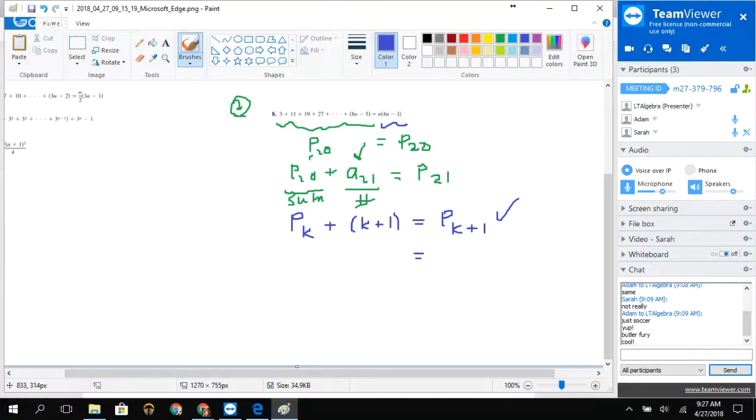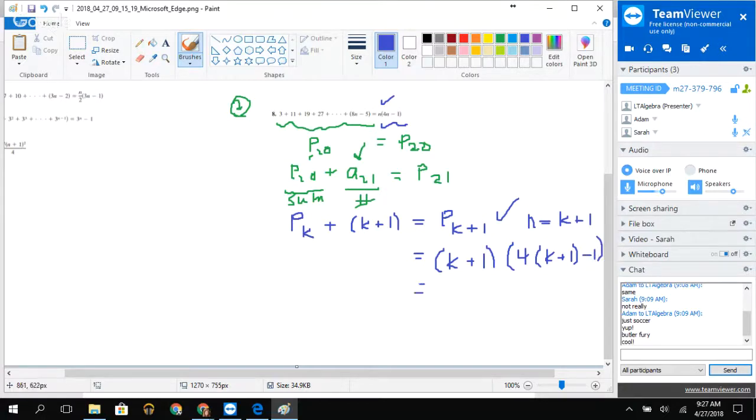So in place of n, I'm going to put in there k plus 1. So I have k plus 1 instead of n right here times 4 times k plus 1, again where my n is, minus 1.